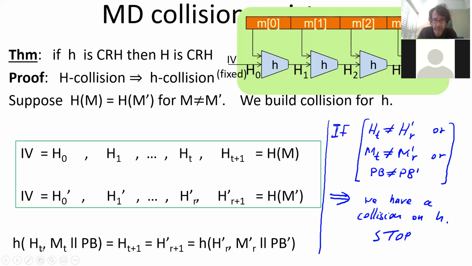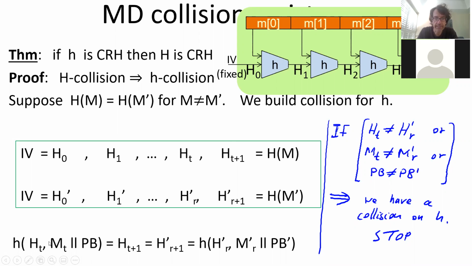This is the left side of the bit string, and this is the right side. That is all hashed by the compression function. And if this whole thing is different than this whole thing, then boom, I have a collision in the compression function little h. So I'm already done. I do have an attack on the little h.